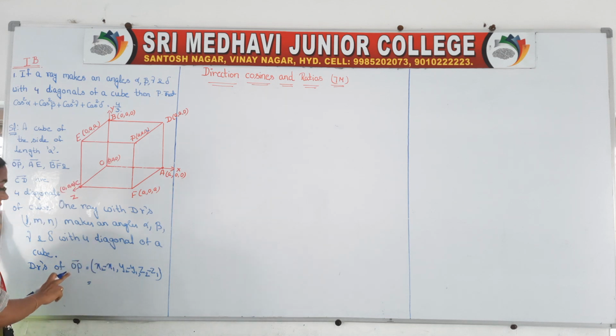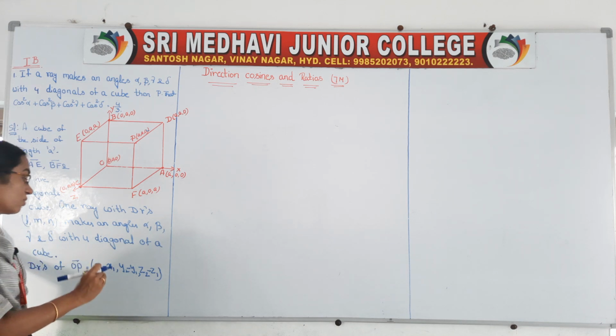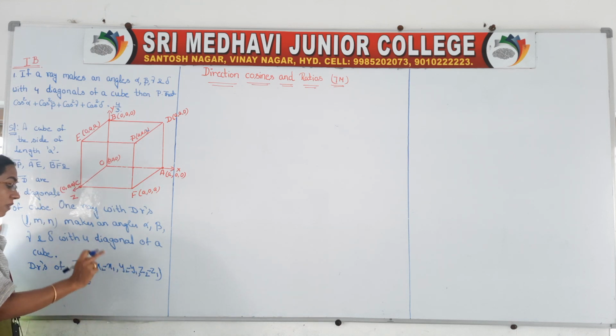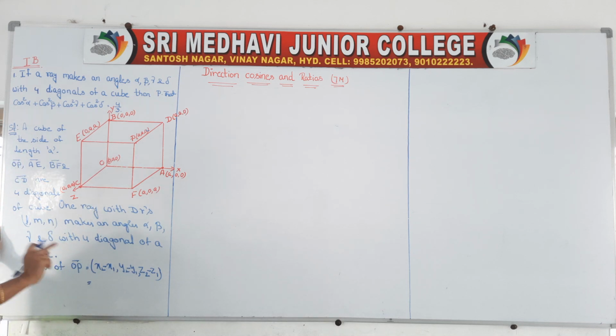Okay, so here we have to take the direction ratios of OP bar, means we have to find out what is the formula: x2 minus x1, y2 minus y1, z2 minus z1. Okay, so here x1, y1, z1 are points of O and x2, y2, z2 are points of P, right?